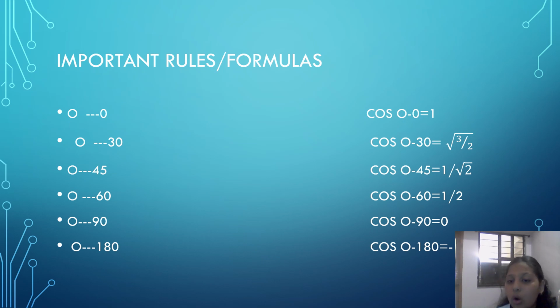If you learn cos theta, sin theta is basically its opposite. Means if you write sin theta from the back side, from cos 90 and cos 180, then cos 180 is sin 1 and cos 90 is sin 2, cos 60 is sin 3, and 45. I hope you are getting my point. And tan theta is sin theta divided by cos theta. Very simple, very easy, no rocket science.